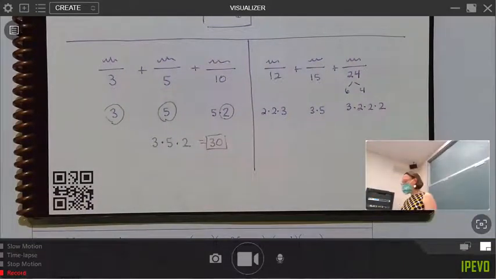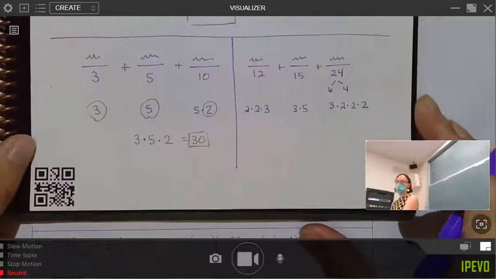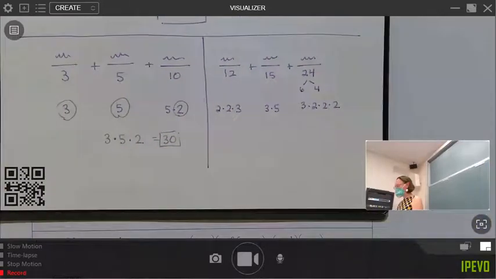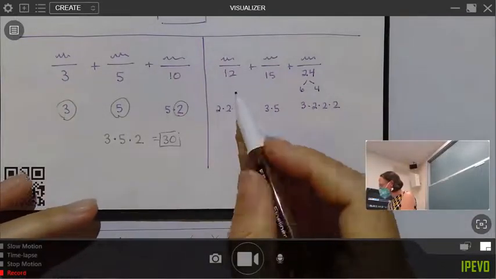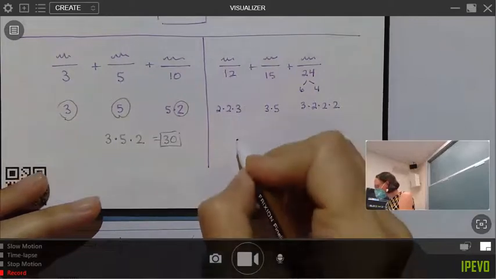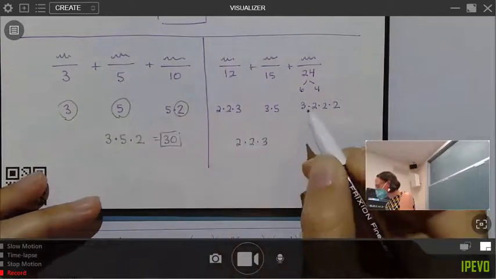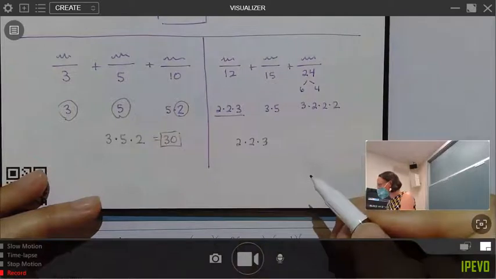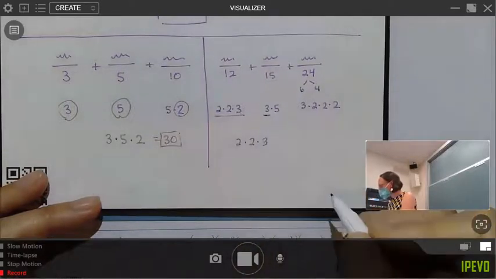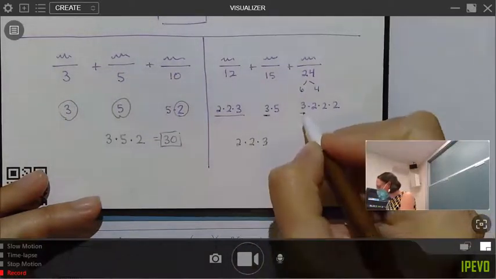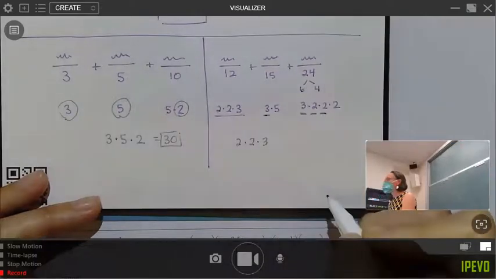So if I were finding the common denominator here, I'm just going to go through and start grabbing the pieces. So I need a 2 times a 2 times a 3. So that took care of everything here. I've already taken care of the 3, and a 3 and a 2 and a 2.